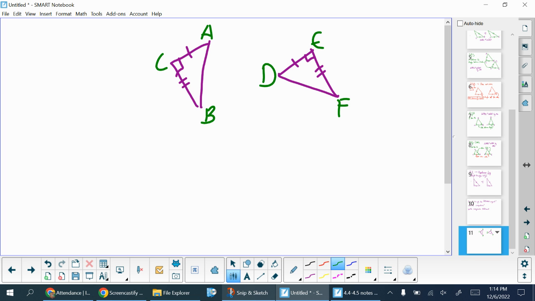So first question is, are these triangles able to be proven congruent, and which conjecture is it? So what I would just start off with is I'd look at these two triangles and say, okay, I have one pair of congruent sides, I have another pair of congruent sides, and I have a pair of congruent angles that happen to be right angles.